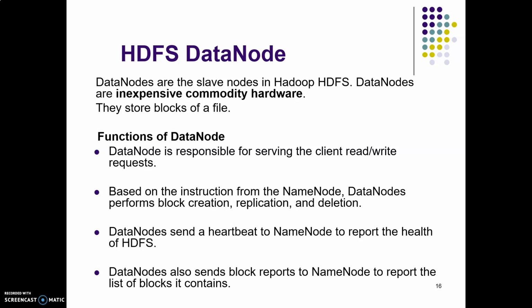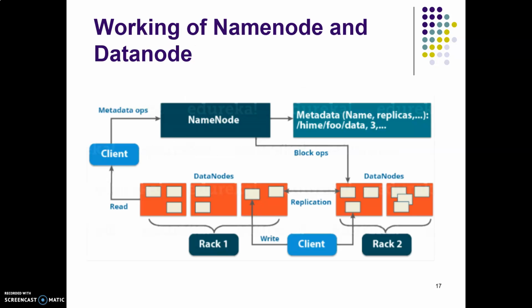Based on the instruction of the name node, data nodes perform block creation, replication, and deletion of the particular blocks. Data nodes send a heartbeat to the name node to report the health of the HDFS, and also send block reports to the name node to report the list of blocks they contain.